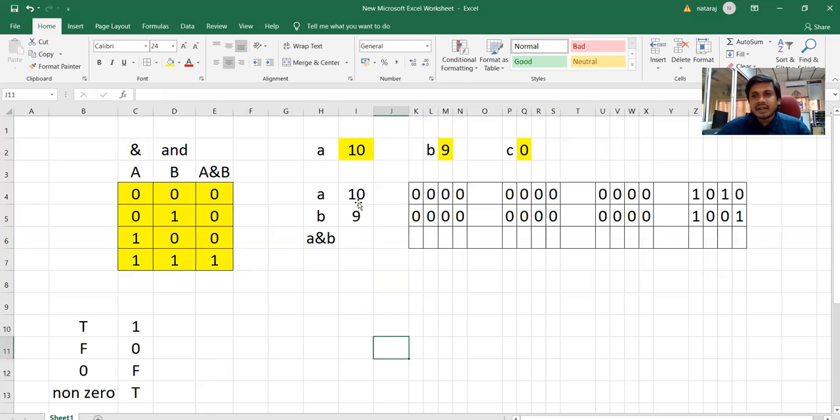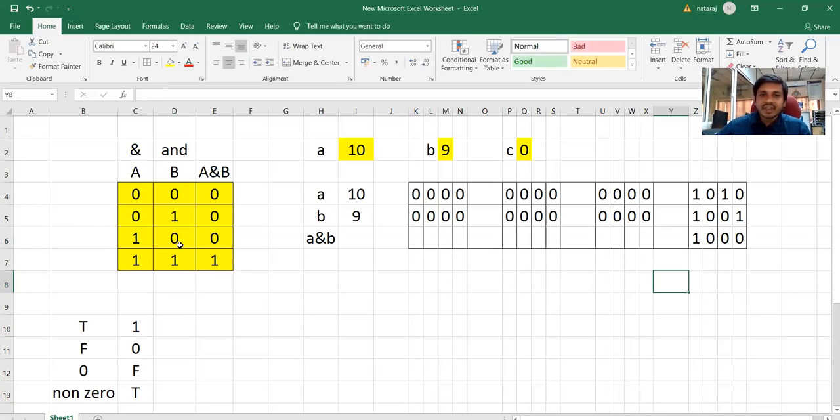When we do the bitwise AND operation on 10 and 9, what happens? The operation happens bit by bit. We convert the values to bits and do the operation bit by bit. So 0 and 1 is 0. 1 and 0 is also 0. 0 and 0 is also 0. But 1 and 1 is 1, based on this truth table.